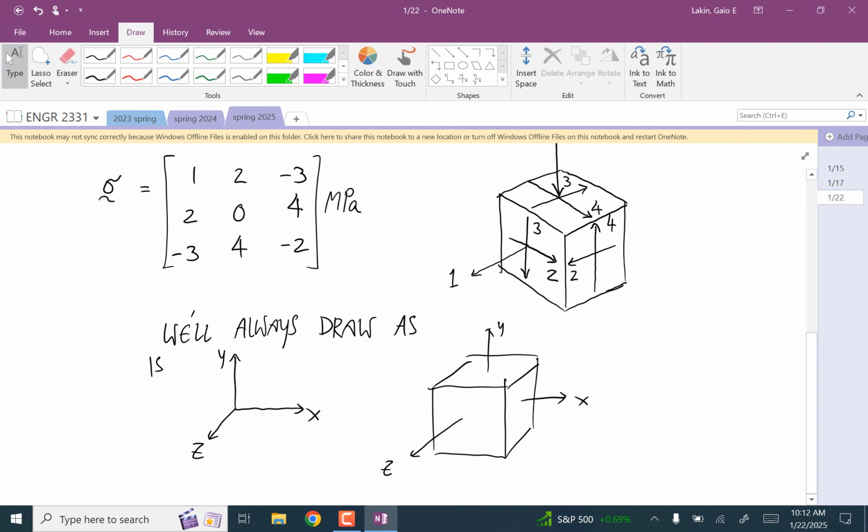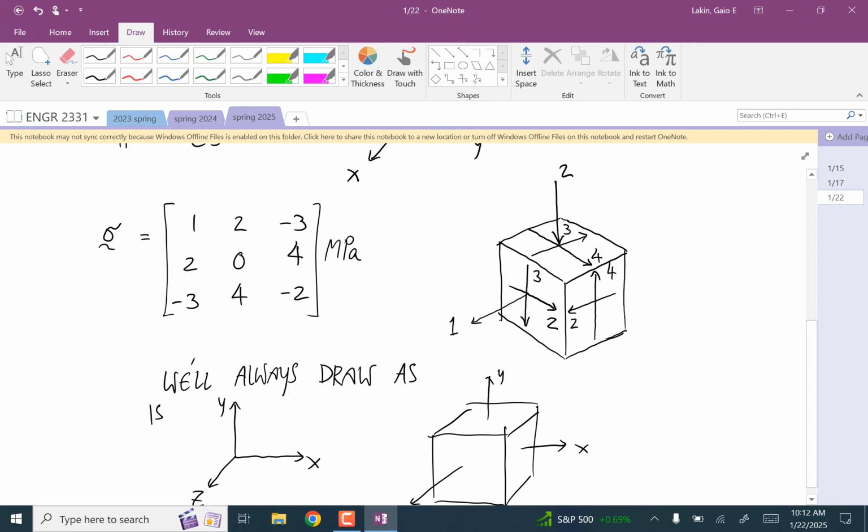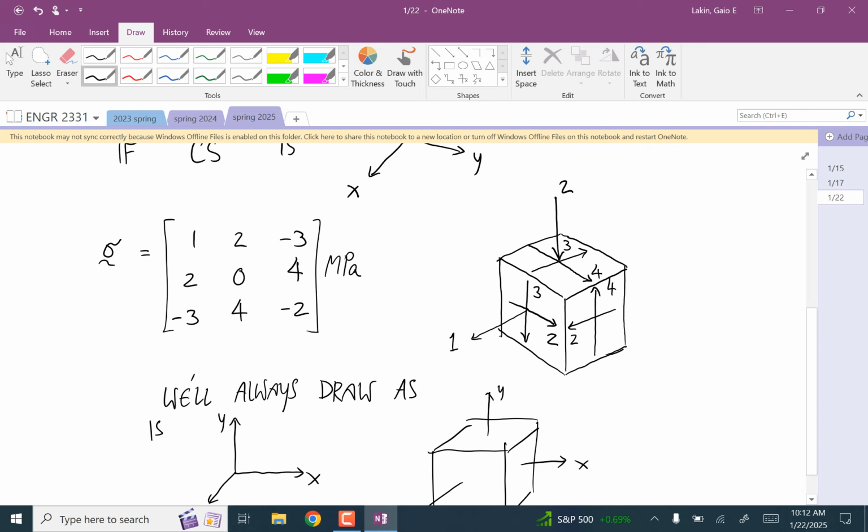I have a question. Would there ever be a time when we label the stresses on the cube as a negative number? Instead of writing this 2 in this direction, I could have kept that arrow pointing in the positive direction and written -2, and that's perfectly fine.